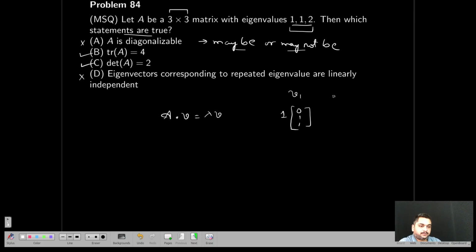If I take another vector V2 for the same lambda value, say 0, 2, 2. Are eigenvectors corresponding to a repeated eigenvalue linearly independent? No. Here V2 is just a scaled version of V1, I can write V2 as 2V1. That means they are not linearly independent.